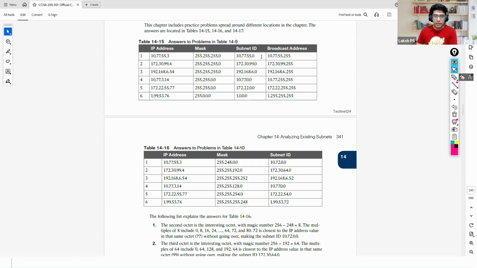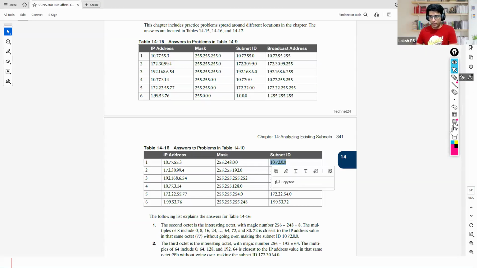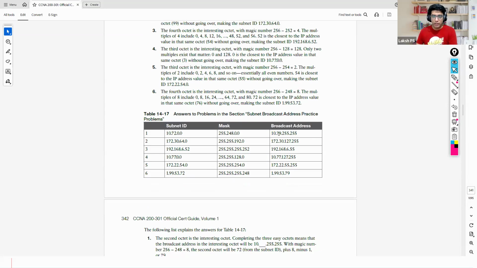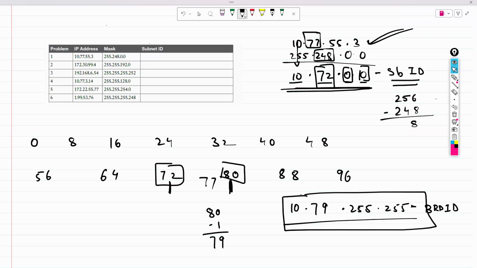So you can see 10.72.0.0 is the network ID or the subnet ID, which we calculated correctly, and the broadcast ID, we have to find out the broadcast ID, right? 10.79.255.255 is the broadcast ID. All right, this is how we calculate the subnet ID and the broadcast ID for an interesting address mask.